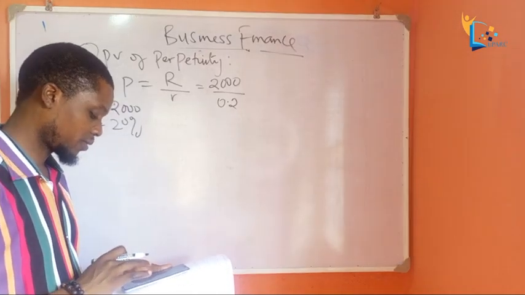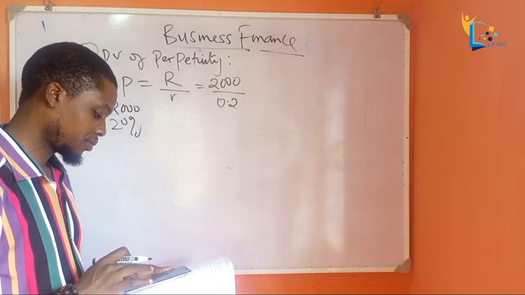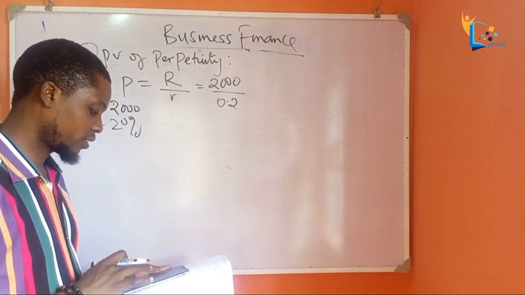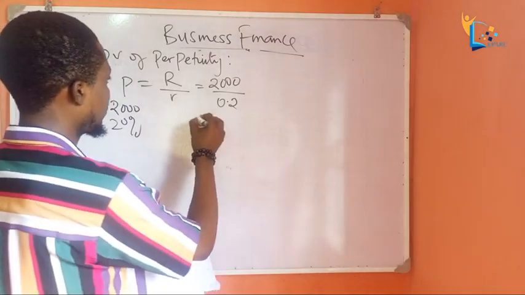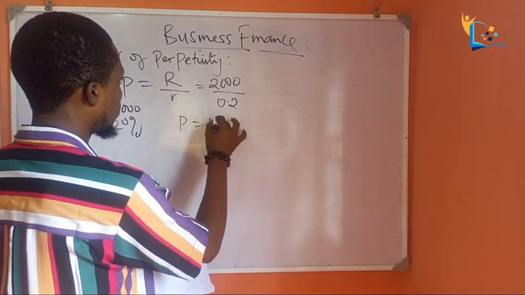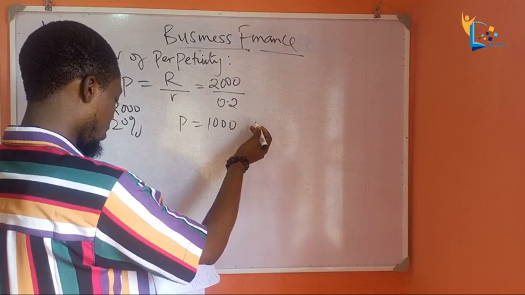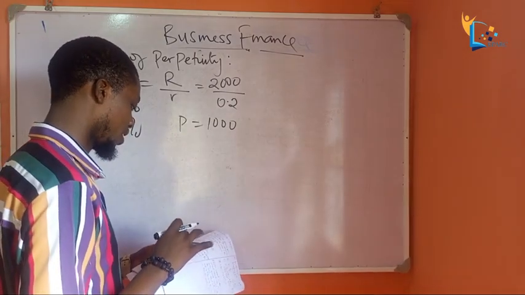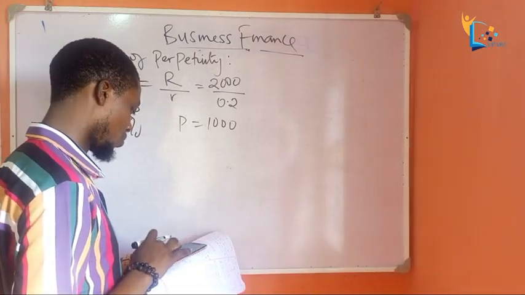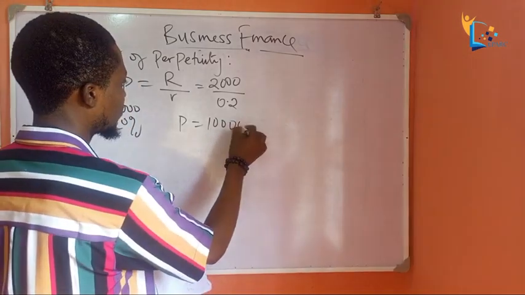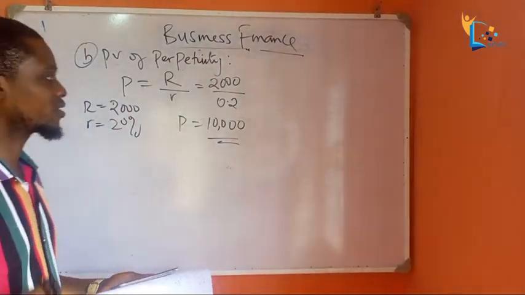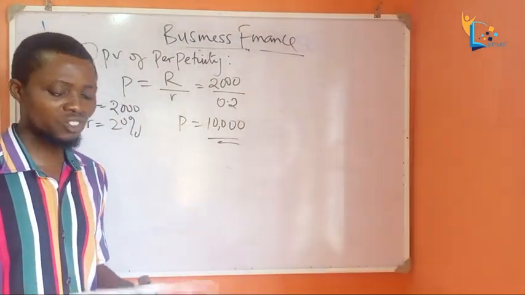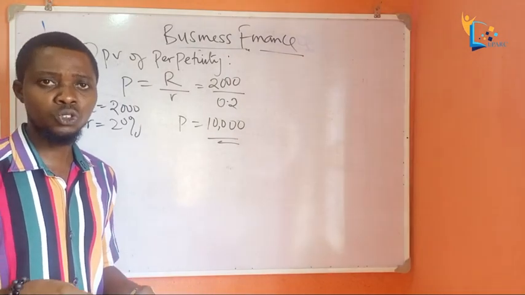Sorry, not 200, 2,000 divided by 0.2, which is 10,000. So our present value of perpetuity is 10,000. As simple as that, straight to the point. So we'll go to the next one.